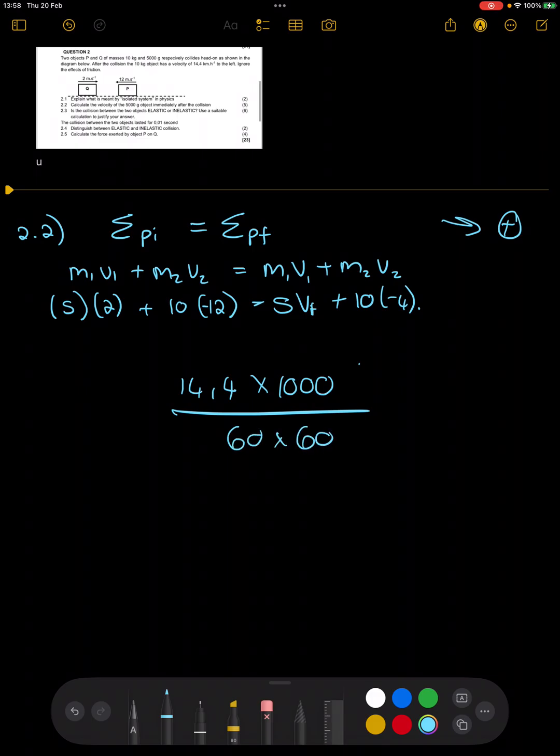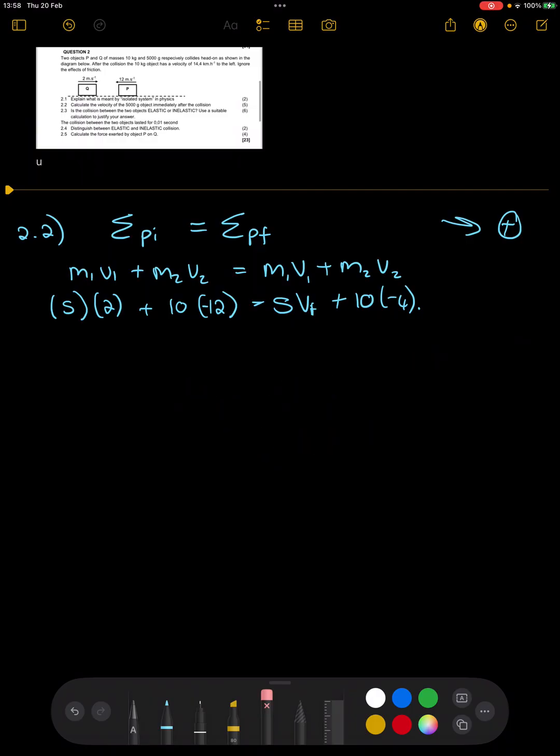So that's how you change kilometers per hour into meters per second. So my final velocity when I solve for the first block is 14 meters per second minus 1. The answer was negative, which means it is just 14 meters per second to the left.